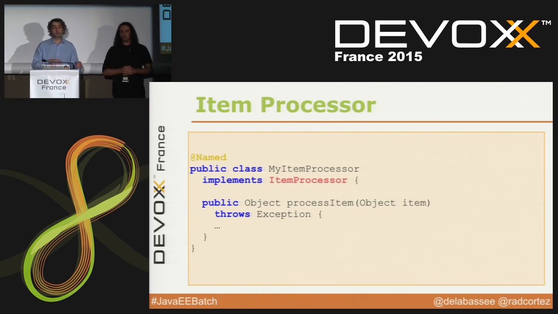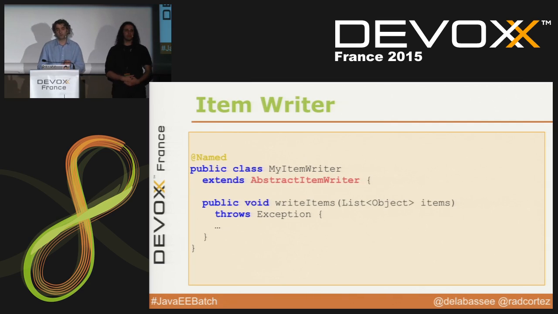So we have the reader, now we need a processor to actually work on the data we have read. It's exactly the same approach. In this case, we implement the ItemProcessor, and we have this method processItem where basically the processing will happen. That's where we will write the code that needs to work on the data. And obviously, we want to have some output, so we need an ItemWriter.